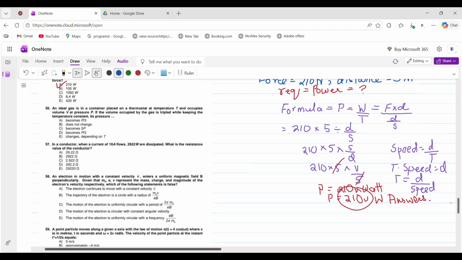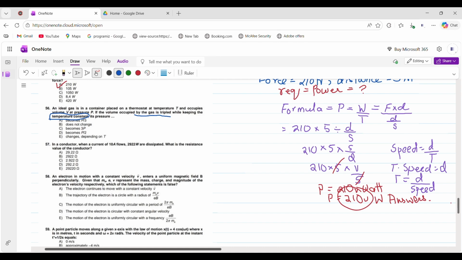Okay, so if the volume occupied by the gas is tripled while keeping the temperature constant, they are asking us the effect of tripling the volume on the pressure, and they have kept the temperature constant. Temperature is not changing. So what law have we studied when temperature is kept constant?